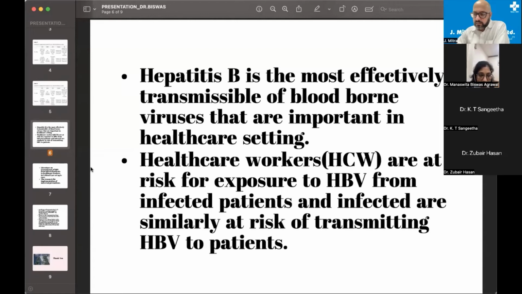And this is very, very important. We need to be very, very careful, though it has decreased a lot after universal precautions, but it's still happening. Even if it is a guided procedure, a small procedure, bedside procedures, we are always at risk of acquiring this particular virus. We'll move on to the next.